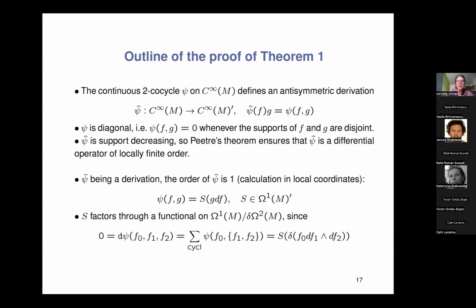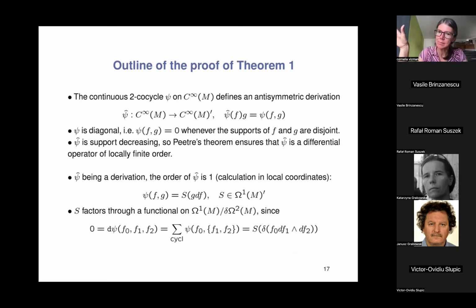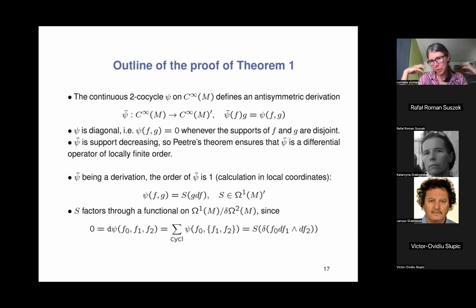So here is the two-cocycle on functions. We showed it basically for the Poisson algebra of functions on a symplectic manifold, and then we have this psi hat from functions to distributions, given by a two-cocycle.